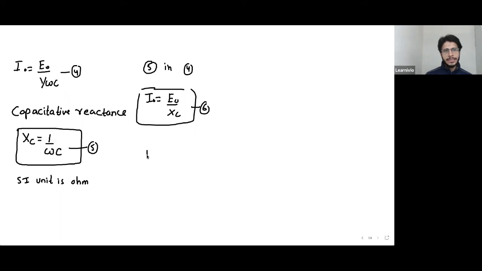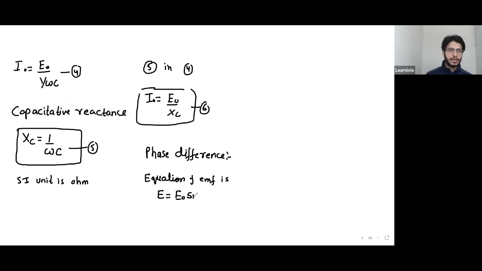The next thing that I need is the phase difference. The equation of EMF is E naught sine omega t. The equation of current is I equals I naught sine omega t plus pi by 2.